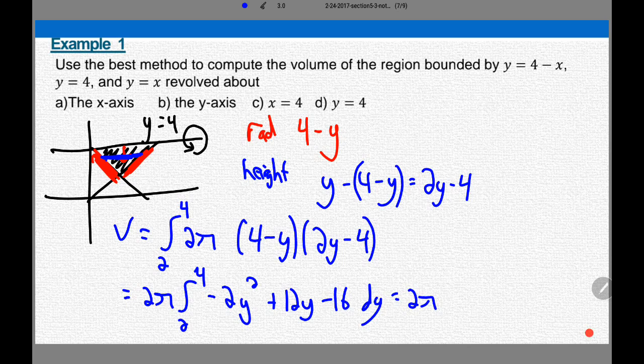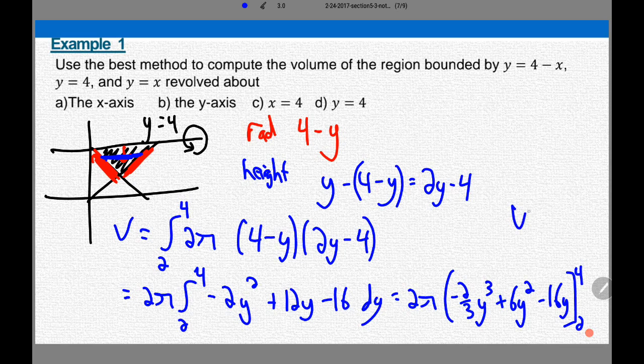So that's 2 pi, and then we do our antiderivative, so that's negative 2/3 y cubed plus, and then I got to take half of 12, so I got 6y squared minus 16y, and we're going between 2 and 4. And if you work this out, your volume should be equal to 16 pi over 3.